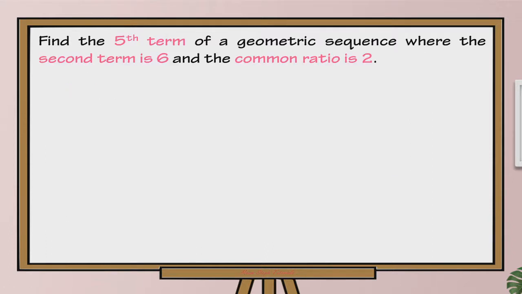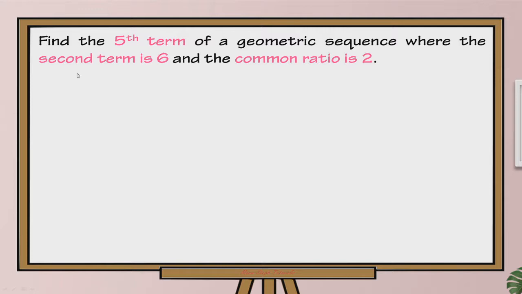The next problem will be finding the 5th term of a geometric sequence where the second term is 6 and the common ratio is 2. So in this problem, our first term is not given. Instead, what is given is the second term, but the common ratio is given, and what we will look for is the 5th term.